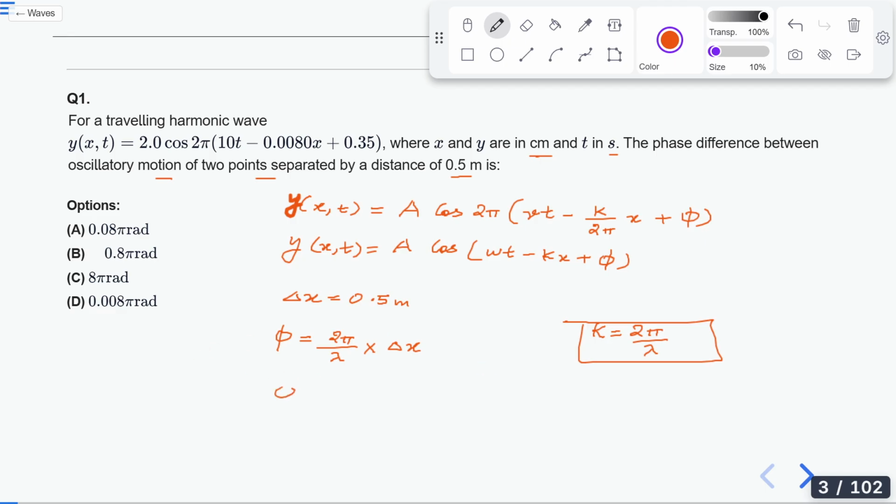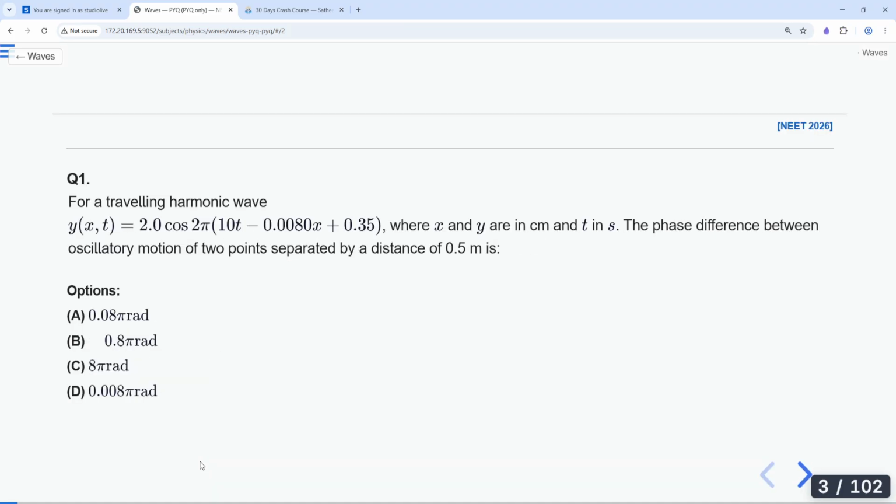So from here we can write phi is k into delta x. K is the propagation constant in the equation of wave, delta x is the path difference, and phi is the phase difference.